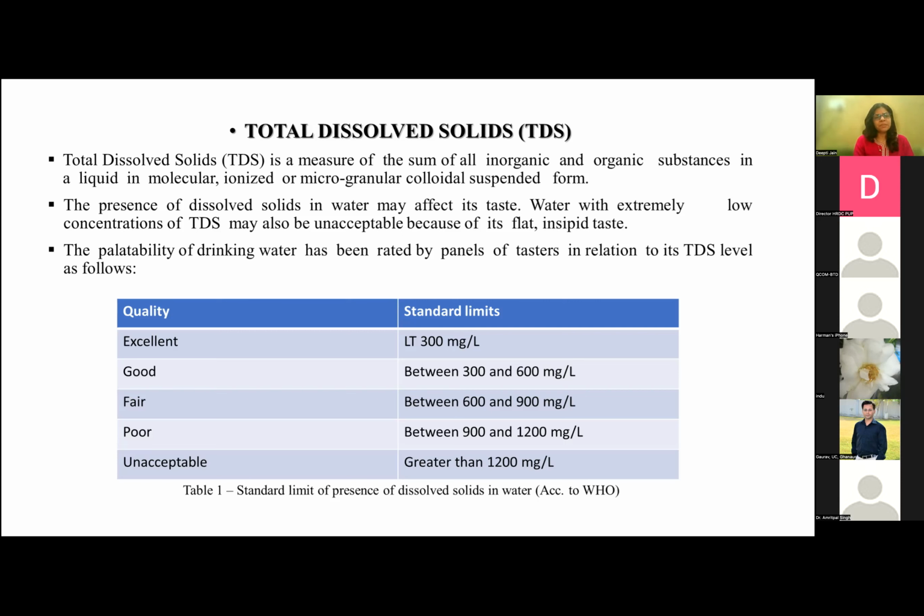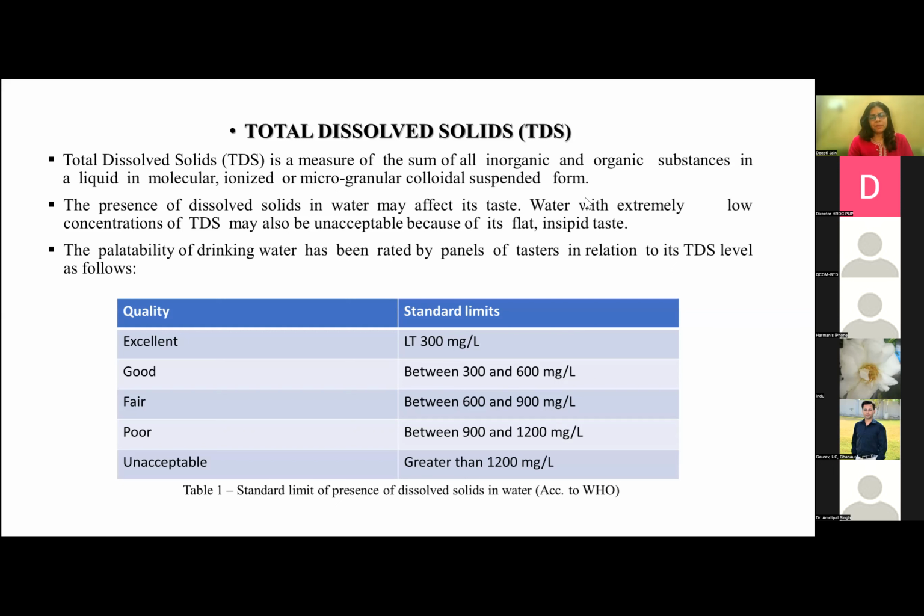The palatability of drinking water has been rated by panels of testers in relation to its TDS level. It is like this. If the TDS level is less than 300 milligram per liter, then the taste is excellent. If it is between 300 to 600 milligram, then it is referred to as good taste.